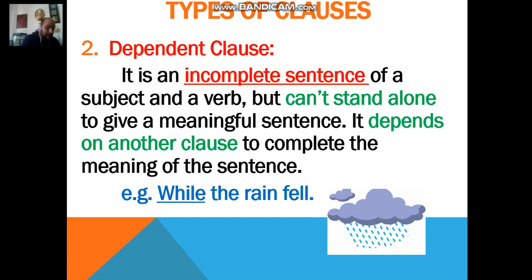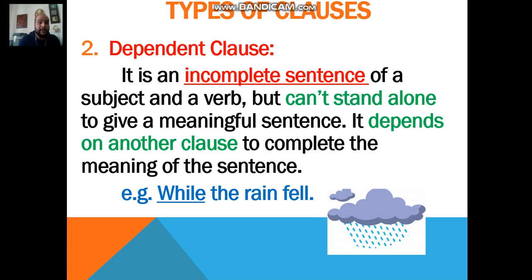If I take because he was impolite by itself, I'm going to say, for example, hey Zaid, because he was impolite. What? Who was impolite? Malik, because he was impolite. What? What did you do to him because he was impolite? Abdus Salam, because he was impolite. What?